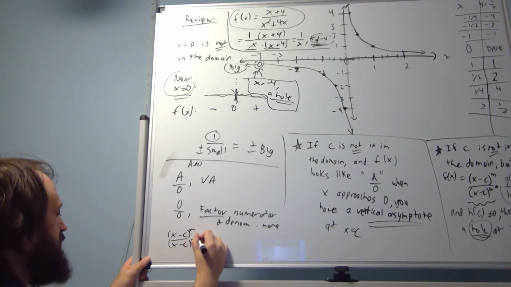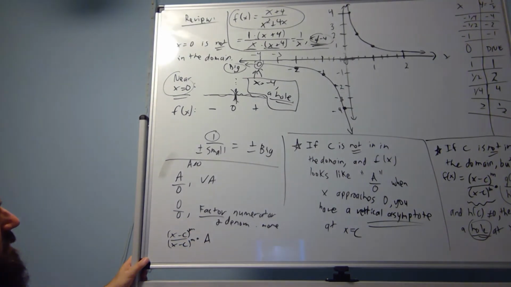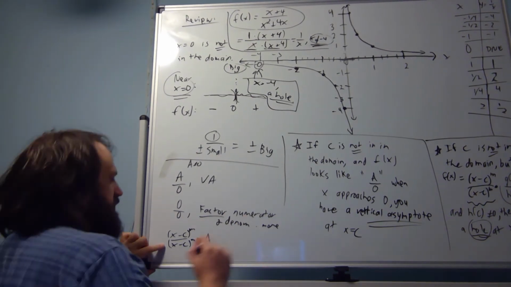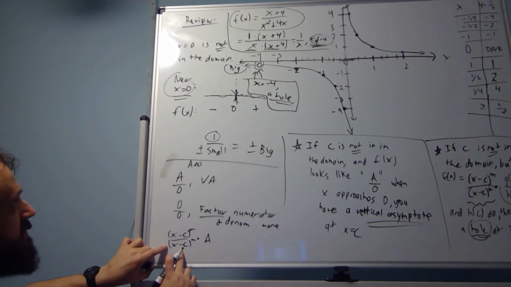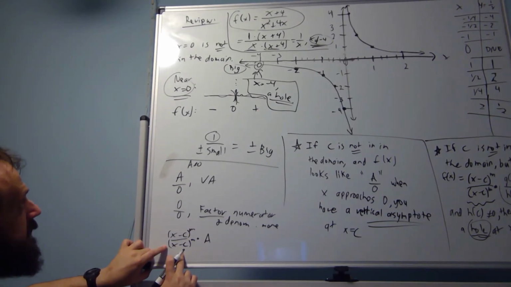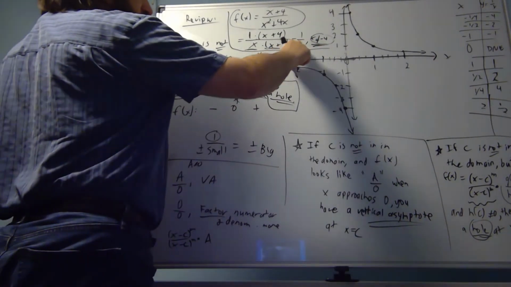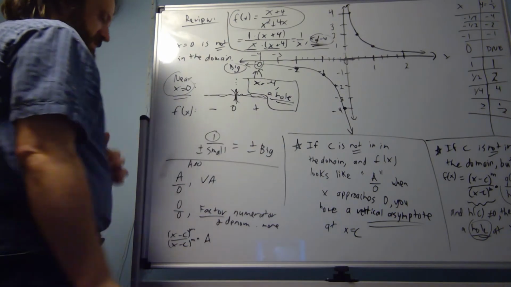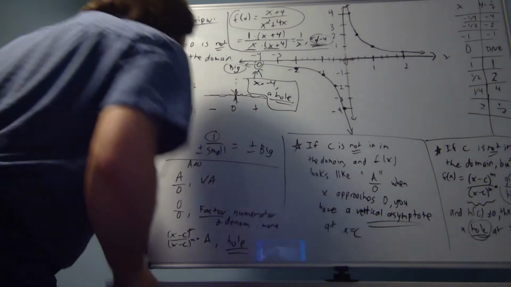If you factor a bunch of stuff out, and then it looks like a constant, here c is equal to negative 4. You factor out a bunch of stuff, and now when you plug in negative 4, it looks like negative 1/4. And that looks like a hole.